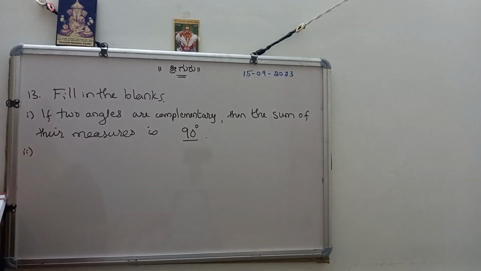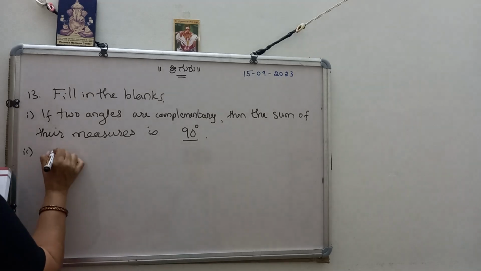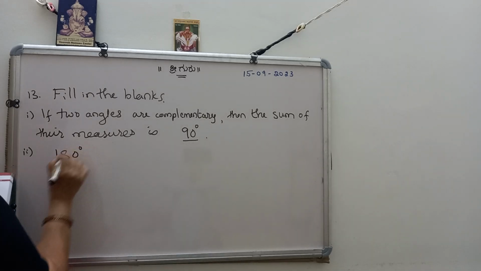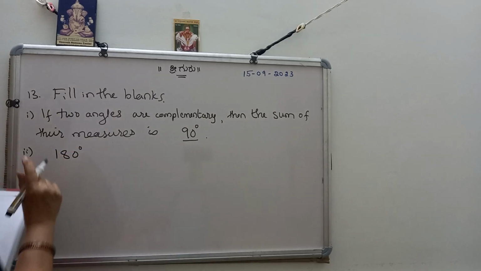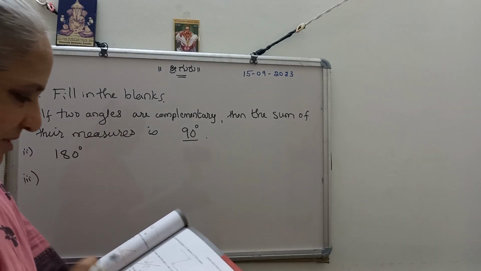Second one. If two angles are supplementary, then the sum of their measures is 180 degrees. Then the third one. Two angles forming a linear pair are supplementary angles.